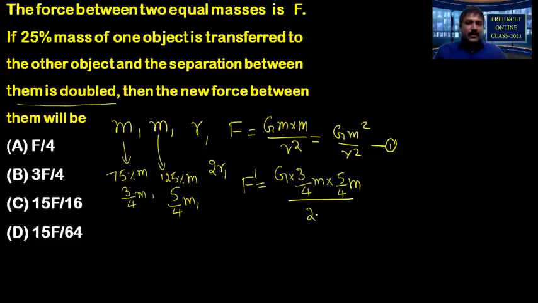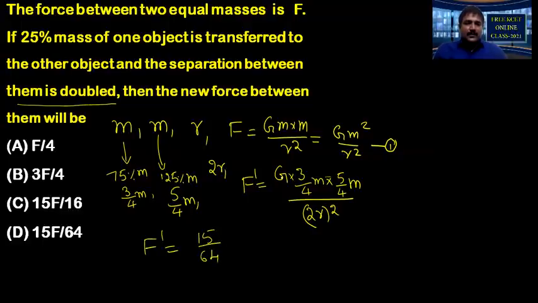Now it is 2R, so I can write 2R whole square. On simplification, F dash equals, in the numerator 3 into 5, 15, and in the denominator 4 into 4, and 2 square is 4, so it is 4 into 4 into 4, which is 64.